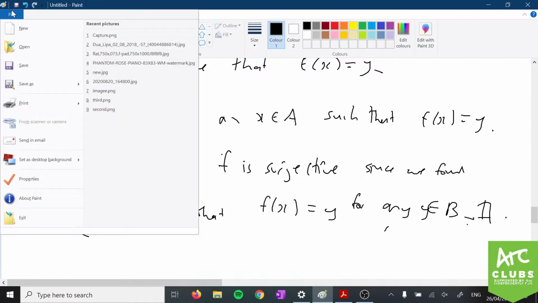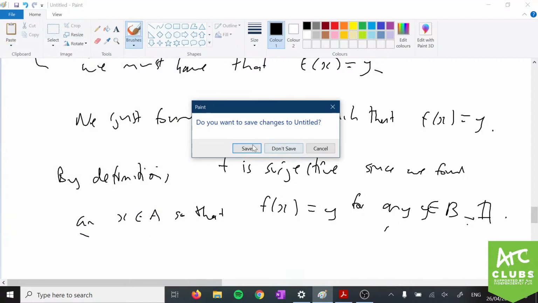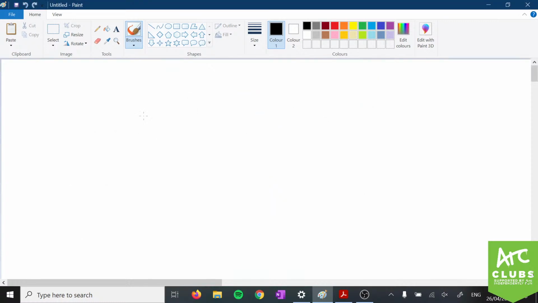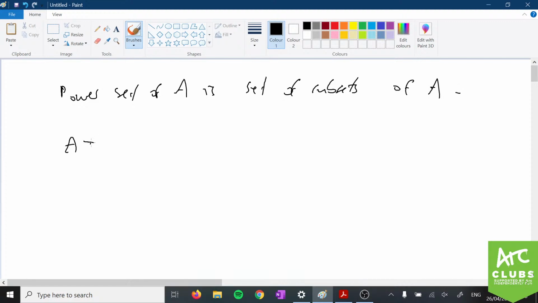Sorry, one second. So the power set of A is the set of subsets of A. So for example, if A is {1, 2}, then the power set of A is the set of all subsets.